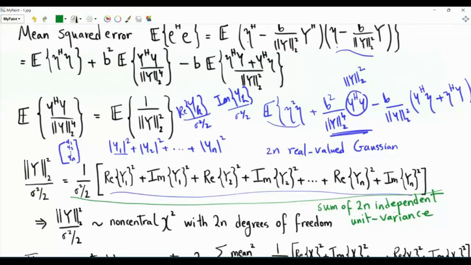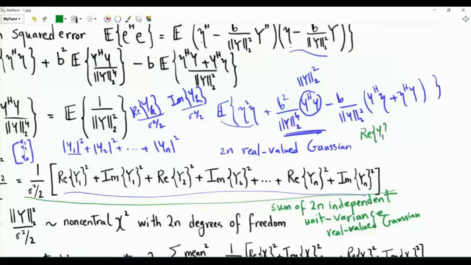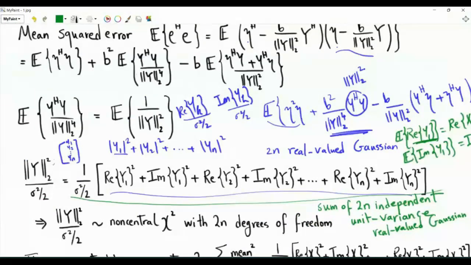So we have the sum of 2n independent unit variance real valued Gaussian random variables. But are those zero mean? No, they are not zero mean, because the mean vector of Y is vector X itself, which means that the expectation of real Y1 is real X1, and the expectation of imaginary Y1 is imaginary X1, and so on. So this quantity matches the definition of a non-central chi-squared random variable.